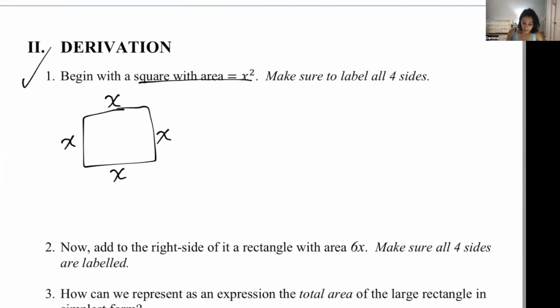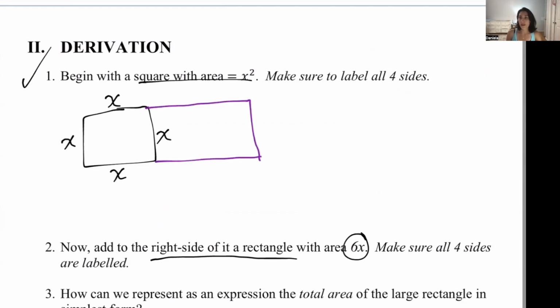So check. Now we're going to add to the right side of this square a rectangle with area 6x. We went over that before, how to draw a rectangle with area 6x. So we're going to add to it on the right side. So maybe something like this, right? So how could we do area 6x?